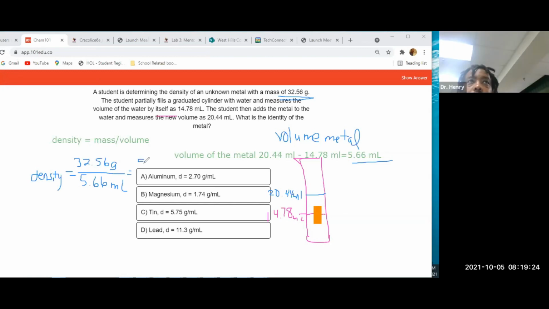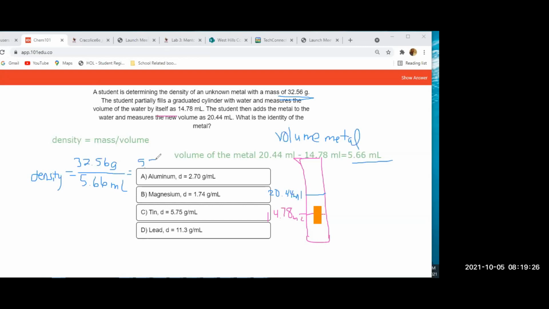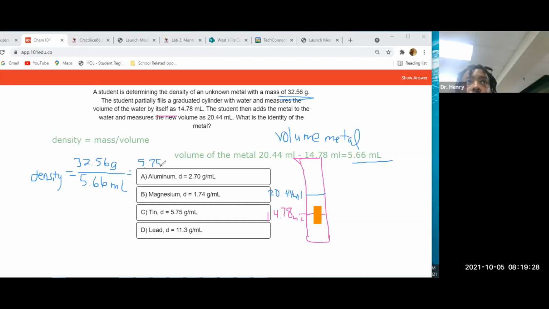So my answer is going to be 5.75 grams per milliliter.